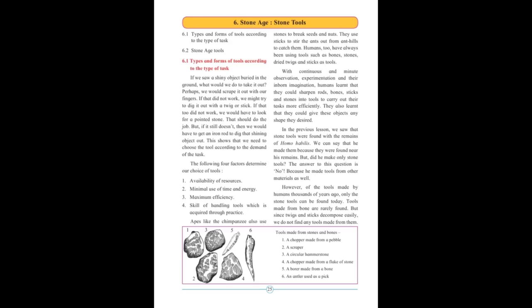If that did not work, we might try to dig it out with a twig or stick. If that too did not work, we would have to look for a pointed stone. That should do the job. But if it still doesn't, then we would have to get an iron rod to dig that shiny object out. This shows that we need to choose the tool according to the demand of the task.